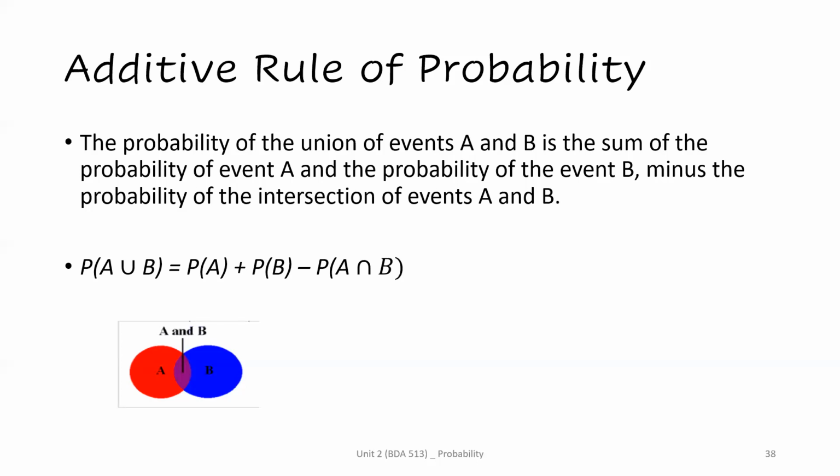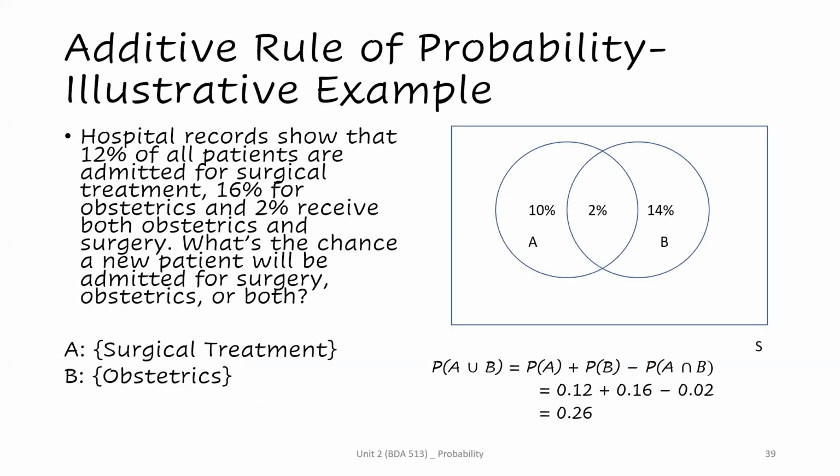Okay, so let's see this with a practical example. Hospital records show that 12% of all patients are admitted for surgical treatment, 16% for obstetrics, and 2% receive both obstetrics and surgery. What's the chance a new patient is admitted for surgery, obstetrics or both?